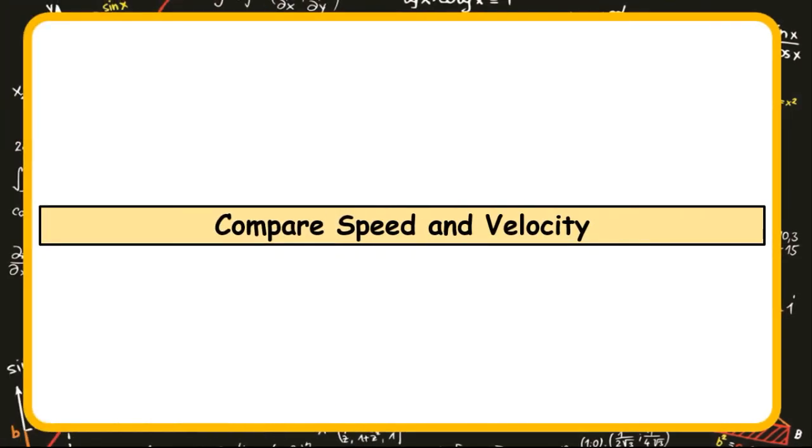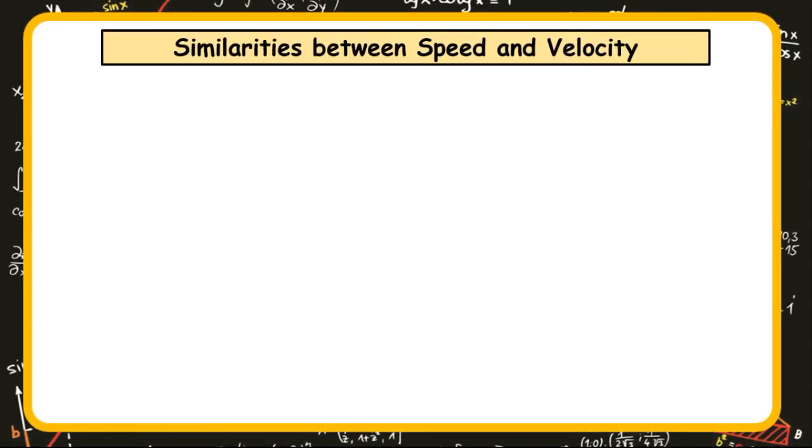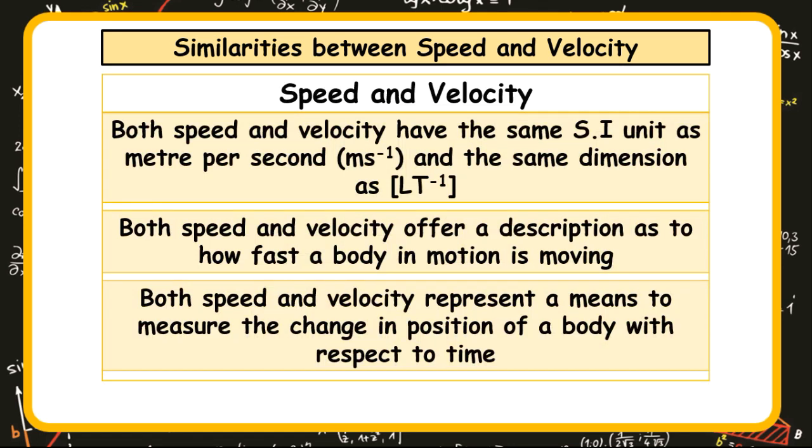Still on speed and velocity, let's compare them by simply looking at similarities between the two. One, both speed and velocity have the same SI unit as meter per second, and they both have the same dimension as LT exponent -1 in a square bracket. Two, both speed and velocity offer a description as to how fast a body is moving.